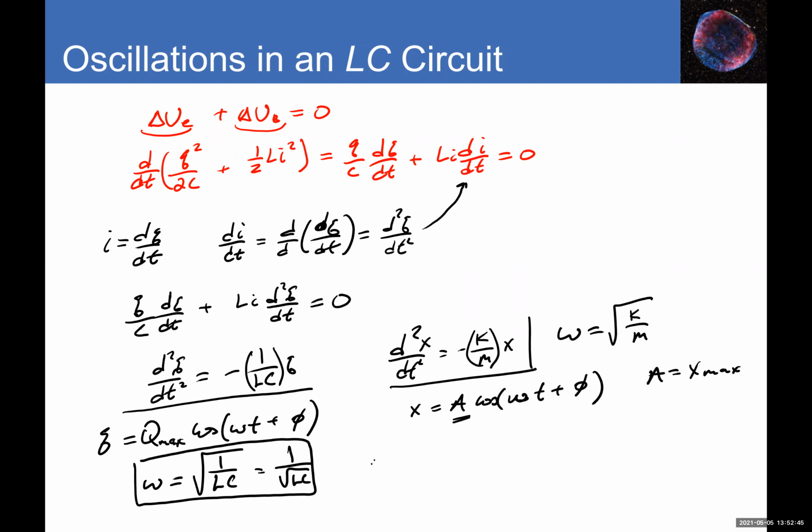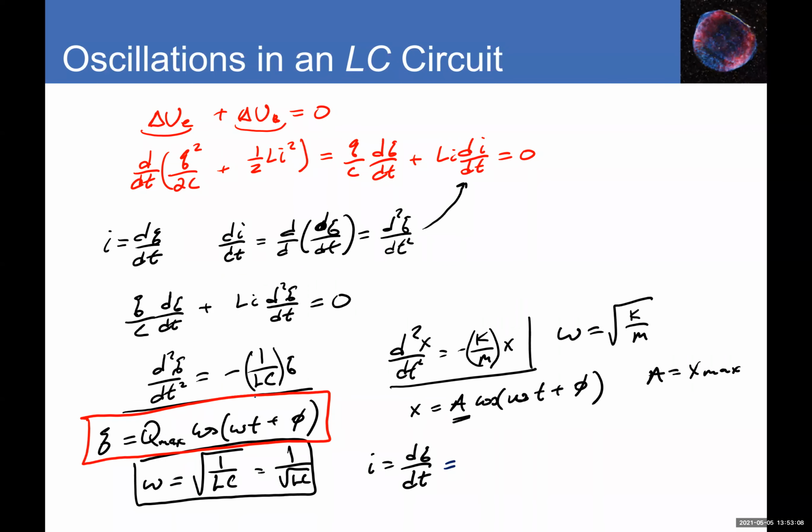Then we can say that I equals dq/dt. The solution for our differential equation is q equals q max cosine of omega t plus phi. That's how the charge on the capacitor changes. Then we can also write this in terms of the current, which is equal to dq/dt.